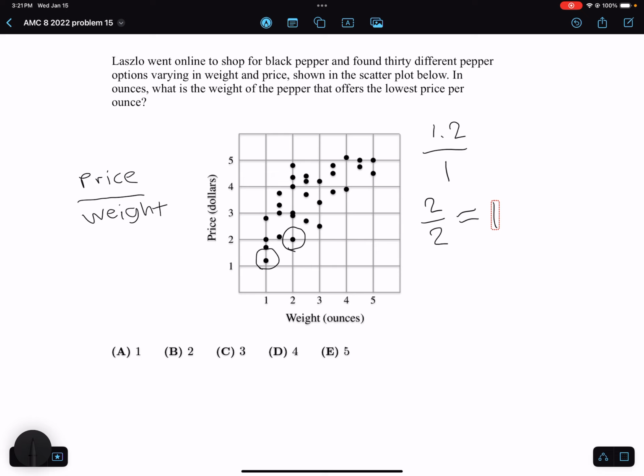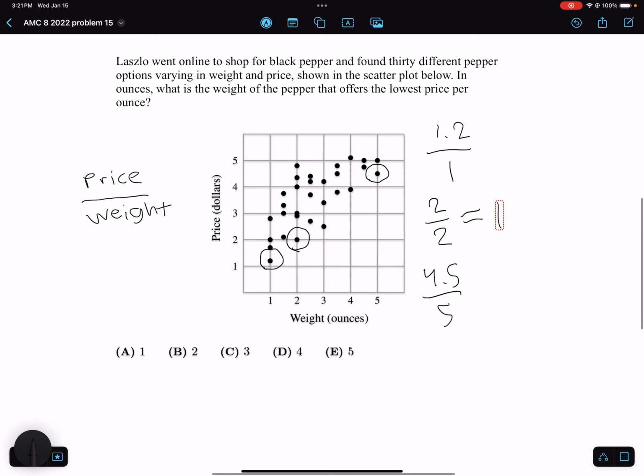For example, this point up here has a price of around 4.5 and a weight of 5. That's going to be less than 1. And you might stop right there, thinking that must be the smallest, and just answer E, 5, right away. But in fact, that's not the answer, because that's not as small as you can go.